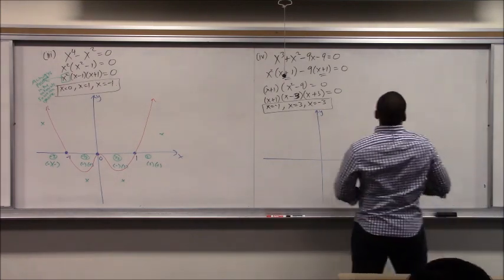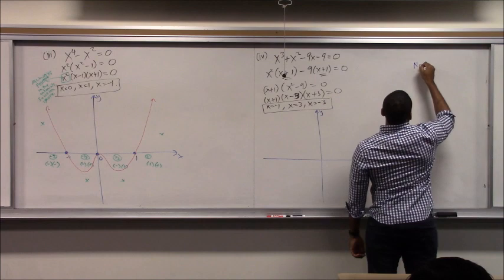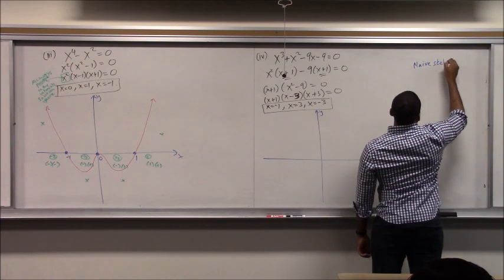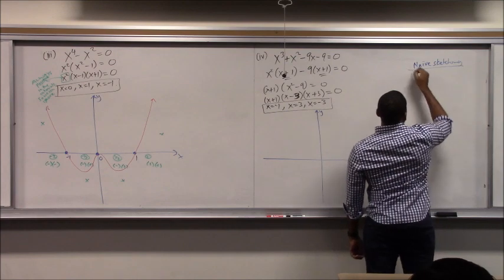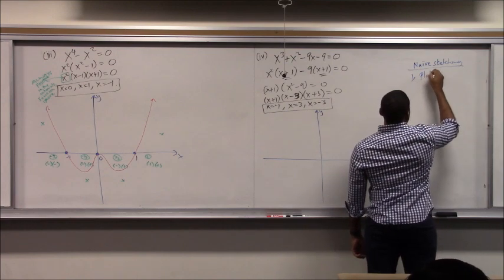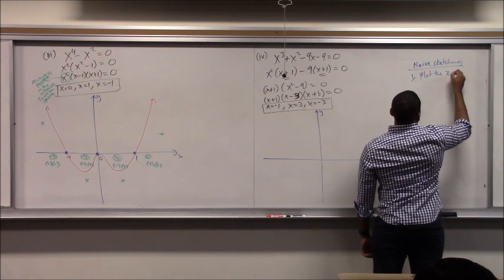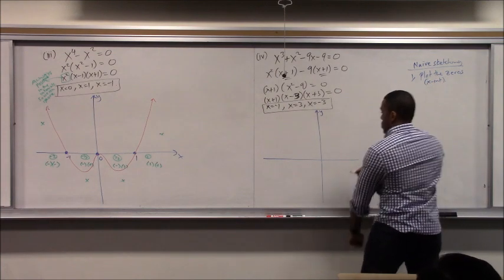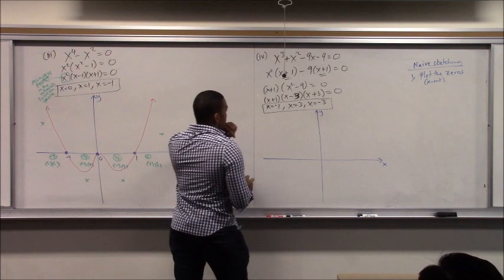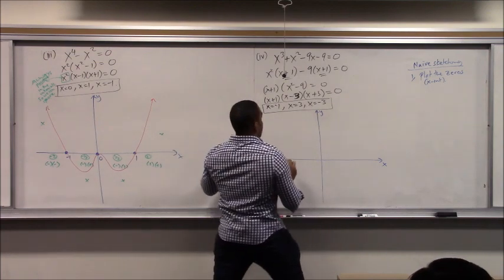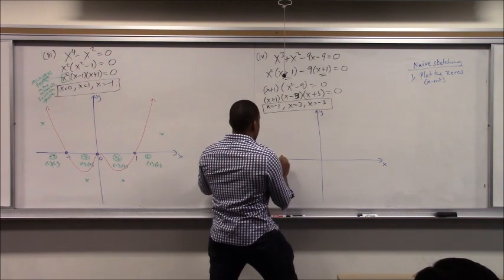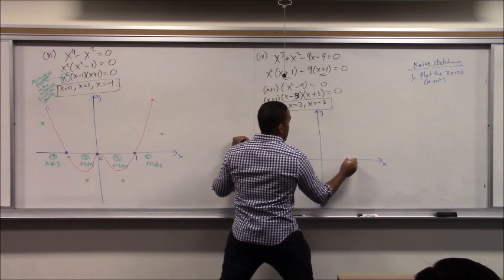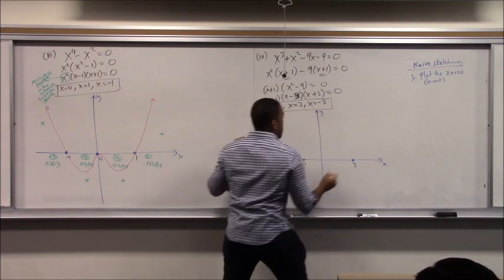Yeah, so if we're looking at, let's call this naive sketching, to kind of summarize here. 1, plot the zeros, the x-intercepts. That's the first thing you would do. So in this case, we have a minus 3, a minus 1, and a 3.